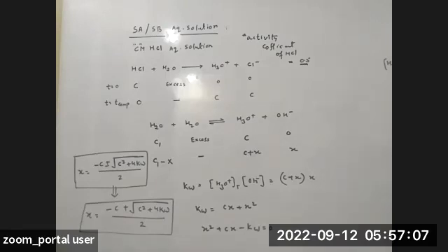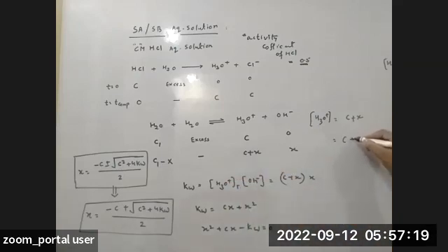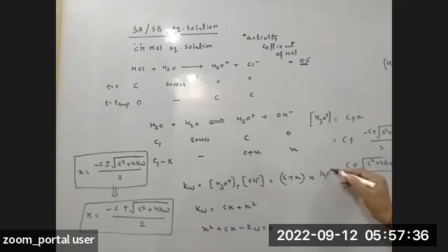Now, final H3O plus will be C plus X. So we can put in the value of this X. We will have C plus root of C square plus 4Kw, by 2. This will be your total H3O plus.